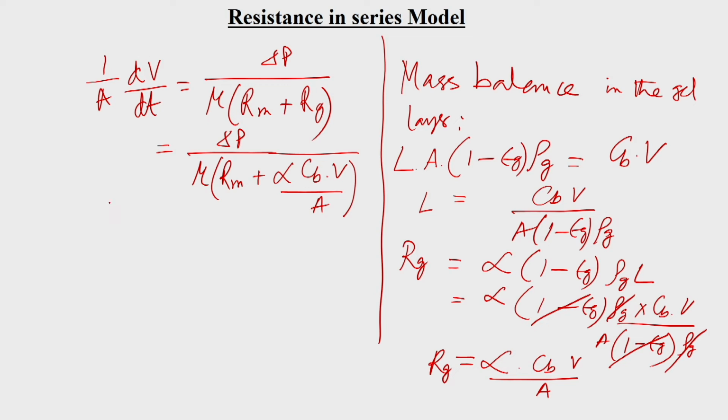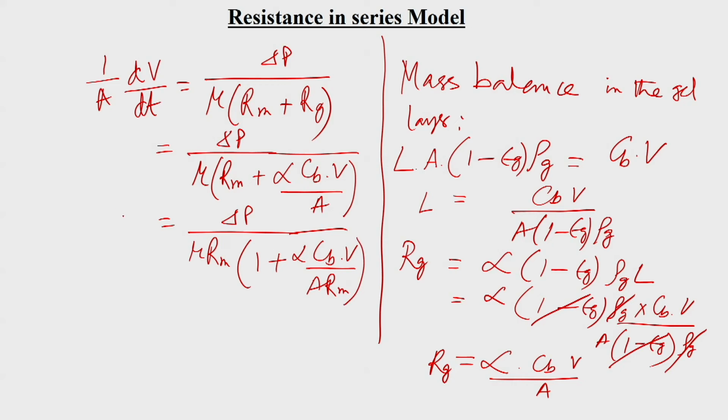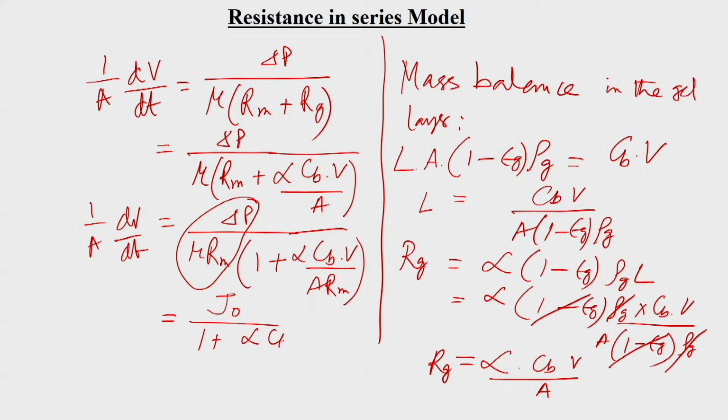So, from there, if we take out delta P by mu into R m, then we get 1 plus alpha into C b into V by A into R m. That is equal to 1 by A delta P by mu into R m, which is nothing but J 0, the initial flux, then 1 plus alpha into C b into V by A into R m.